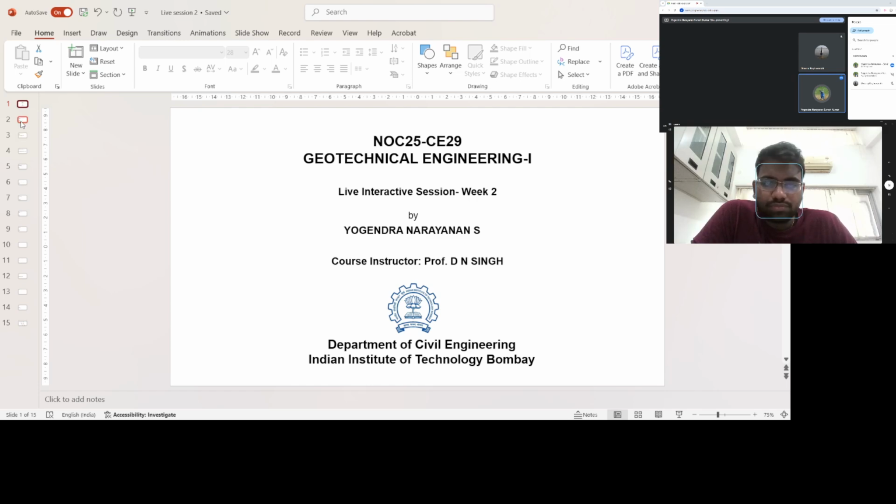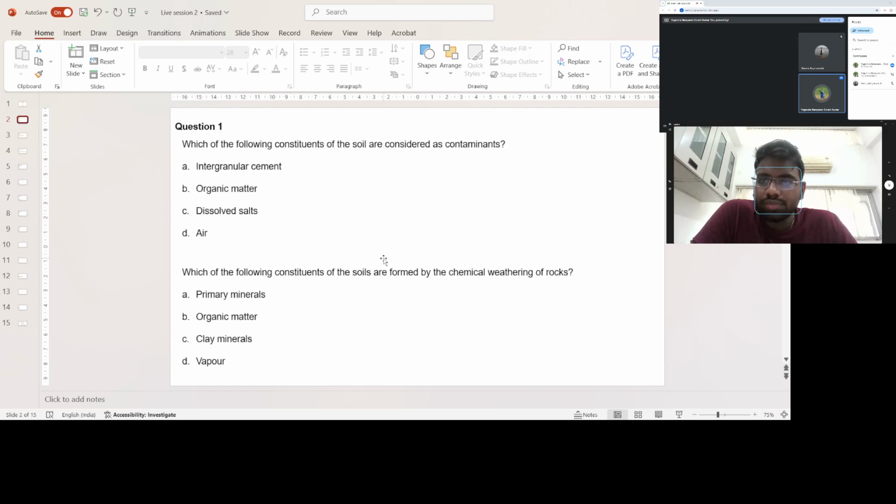First question. Which of the following constituents of the soil are considered as contaminants? Option A, intergranular cement.